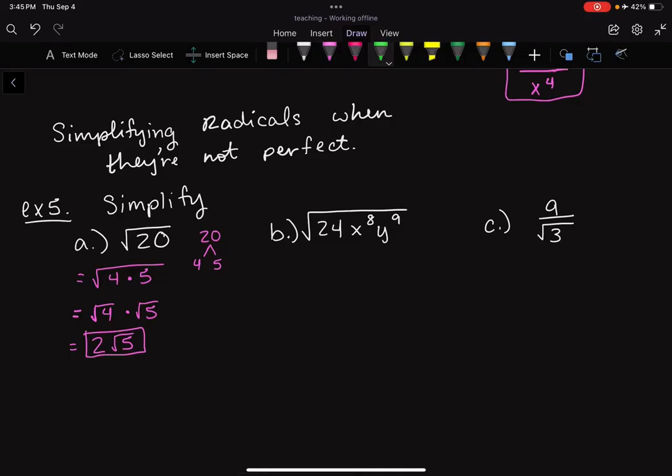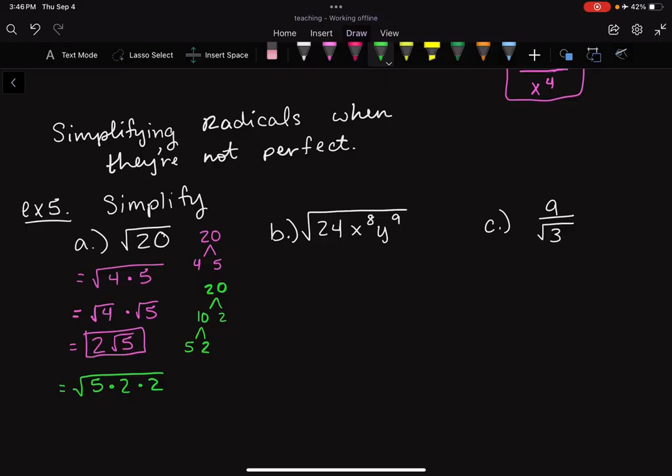Another way to do this problem, let's say that I didn't think of 4 and 5. Maybe it's an uglier number or something like that. Let's say I did 10 and 2. Well, then I can break up 10 into 5 and 2. So another way to do this problem is to break up 20 into 5 times 2 times 2.